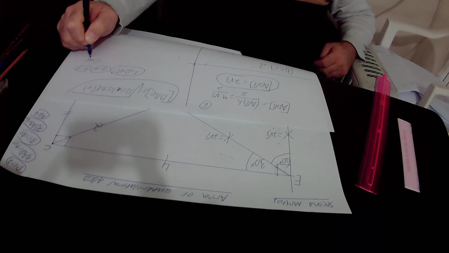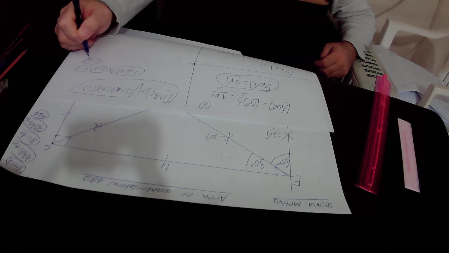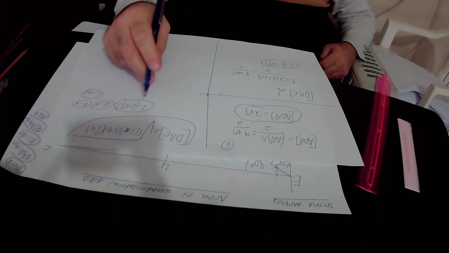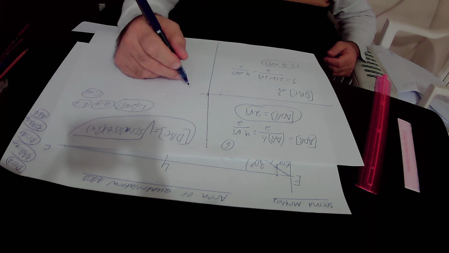They are the side lengths of the triangle. So we will put the data inside this equation.